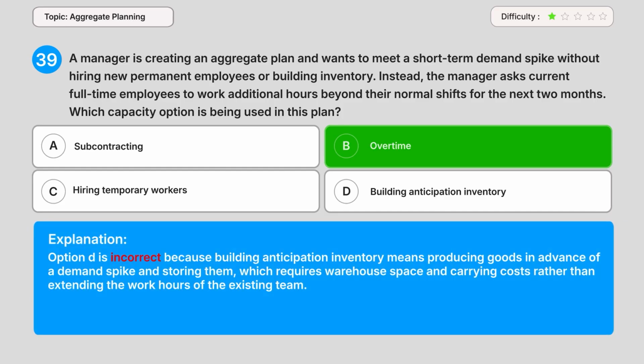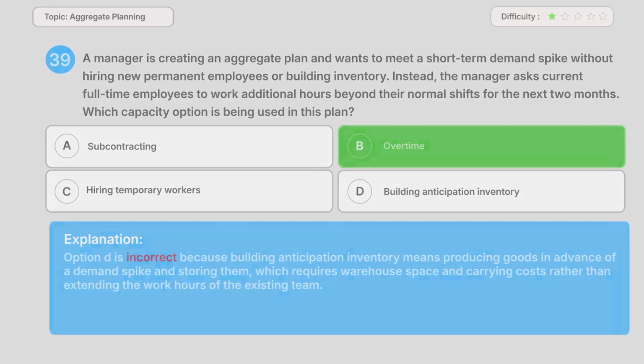Option D is incorrect because building anticipation inventory means producing goods in advance of a demand spike and storing them, which requires warehouse space and carrying costs rather than extending the work hours of the existing team.